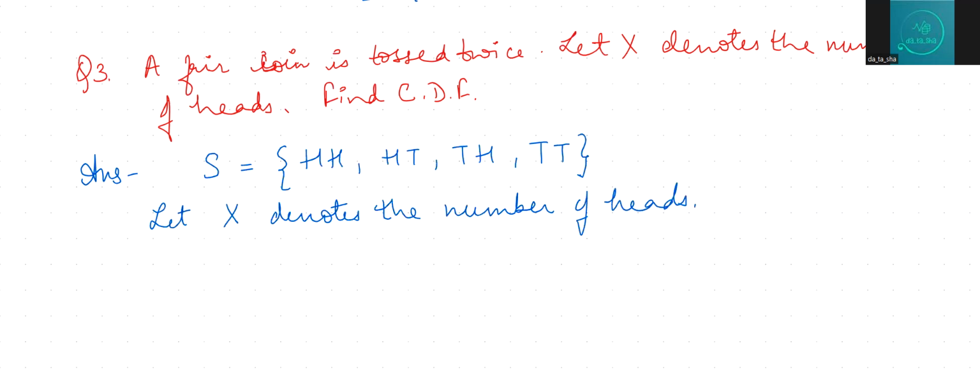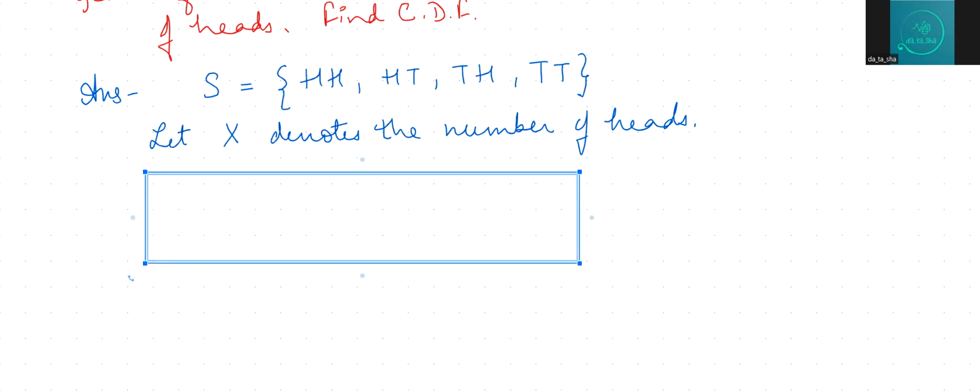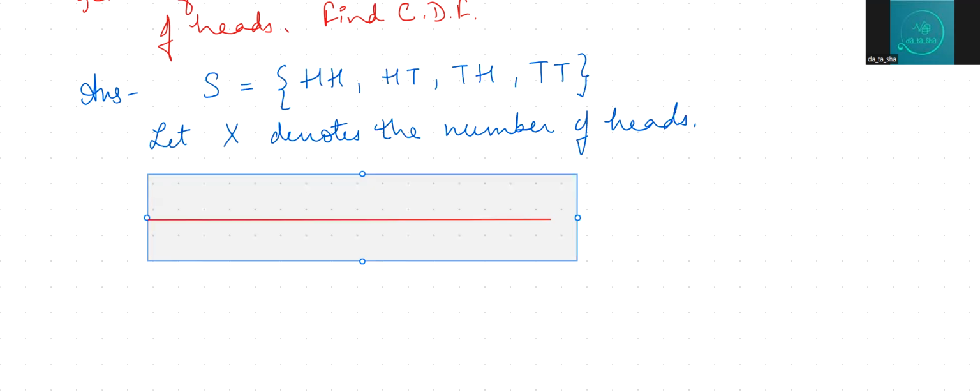Now, as we could see, we could create the probability distribution table quickly, in which we can find the values.